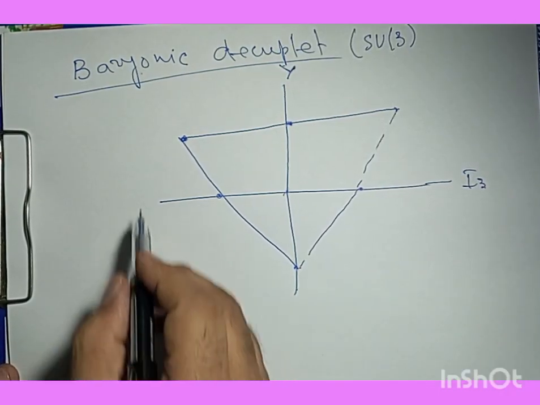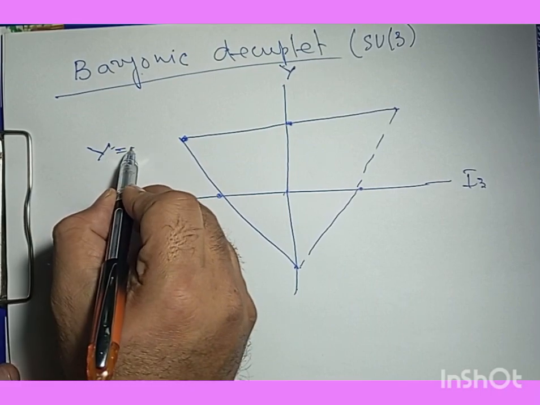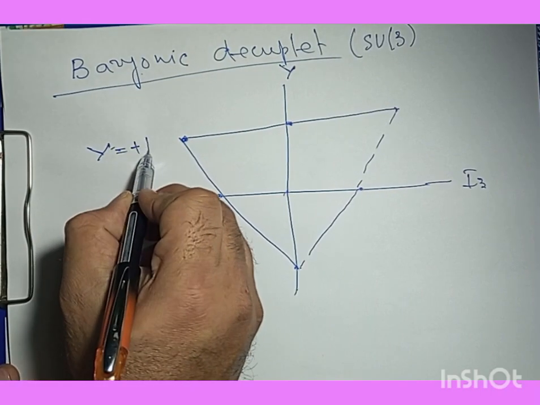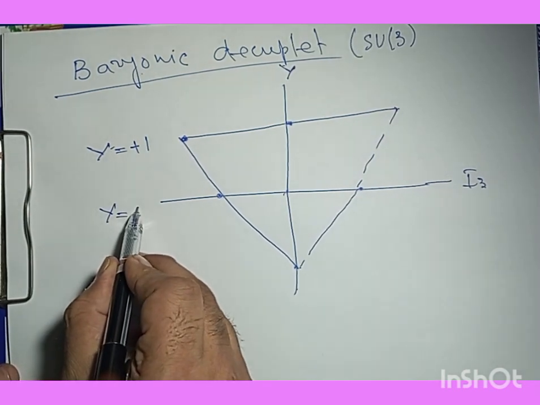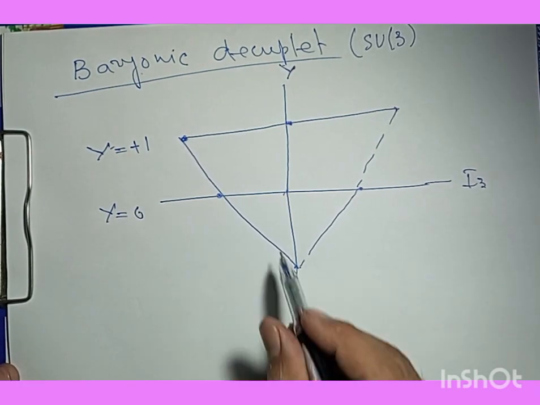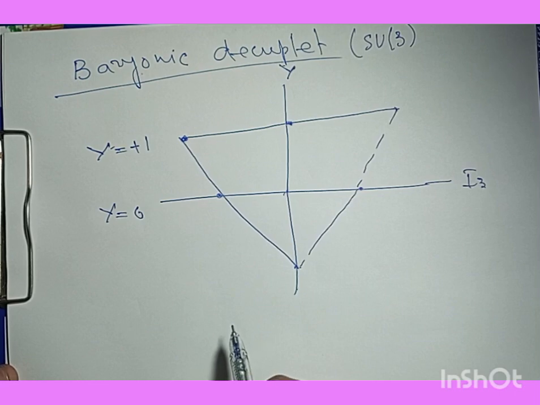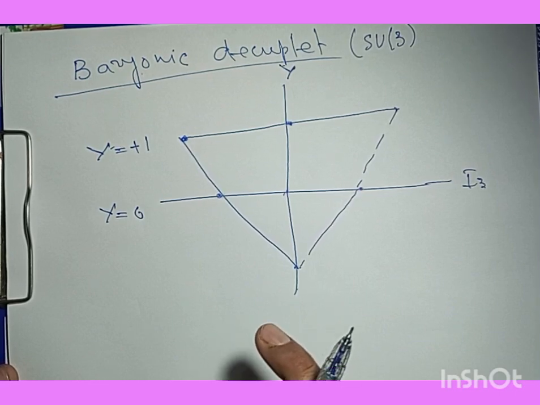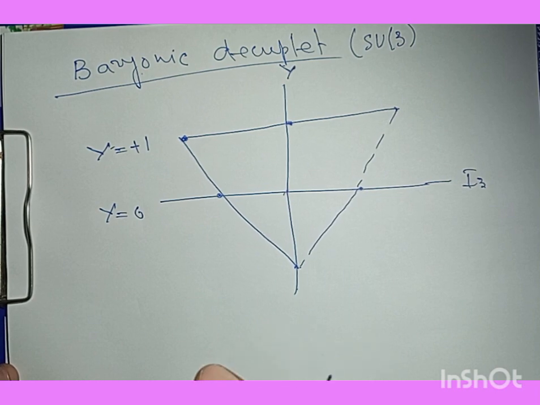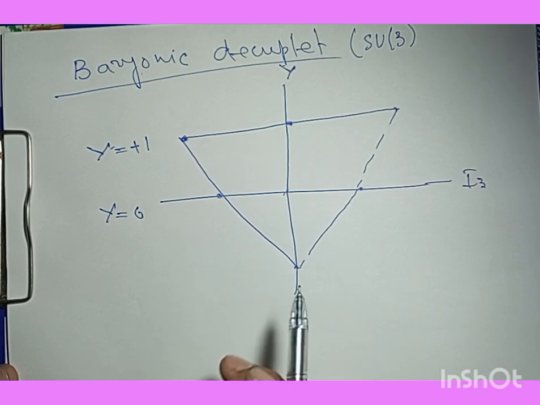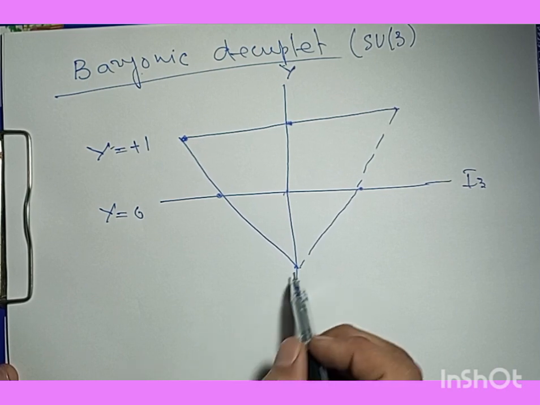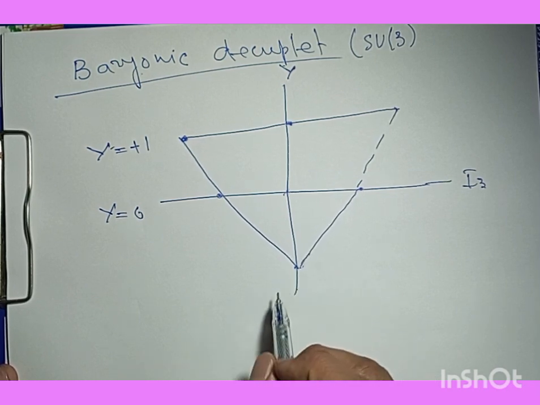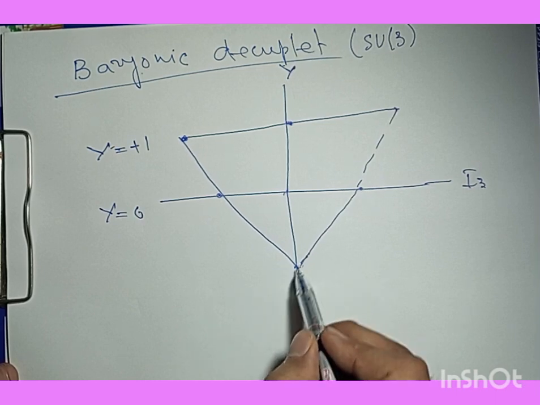All right, now this will represent my Y = +1 state, and this will represent my Y = 0. And using this weight diagram for the baryonic decuplet, or what we call the baryon resonance decuplet, a new particle was discovered, and that particle is omega minus.